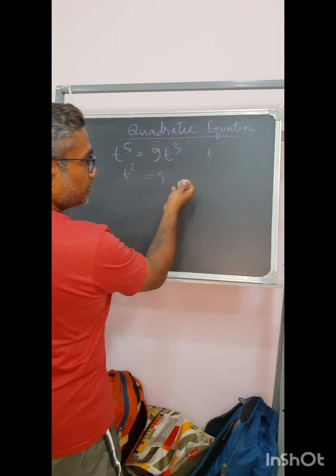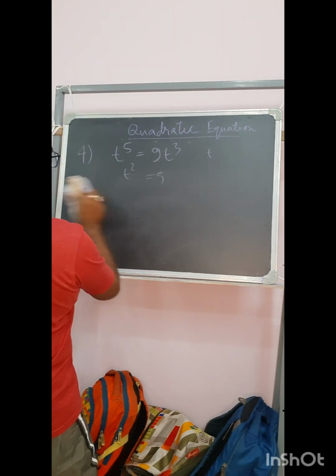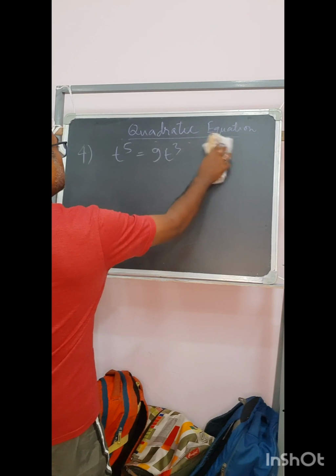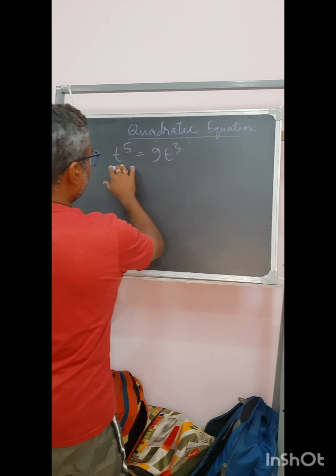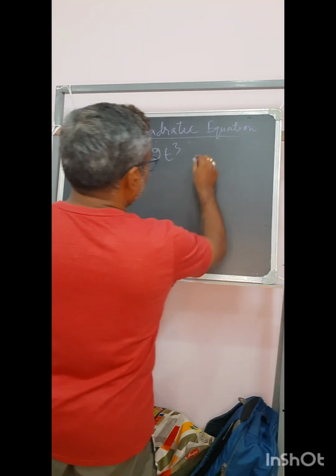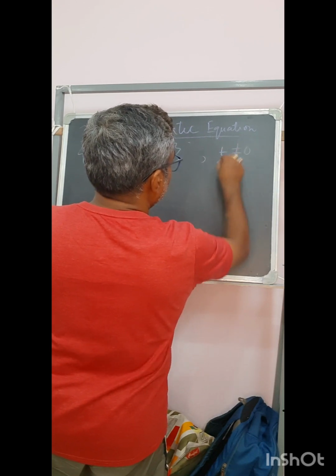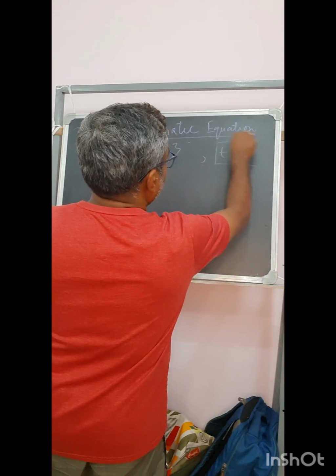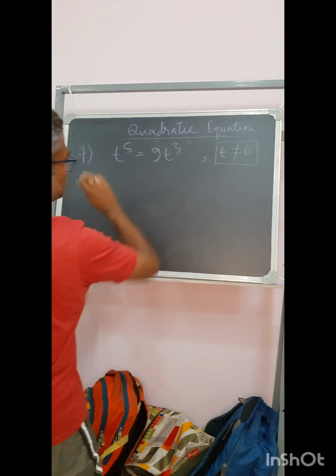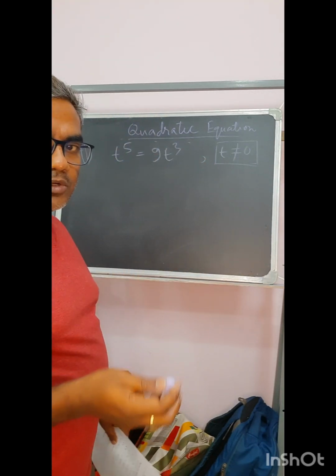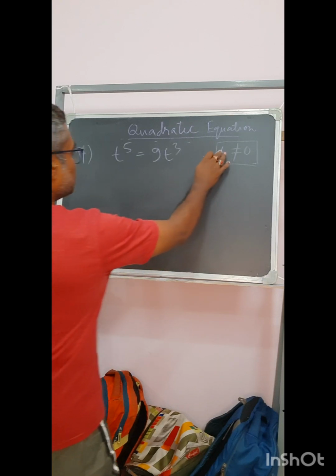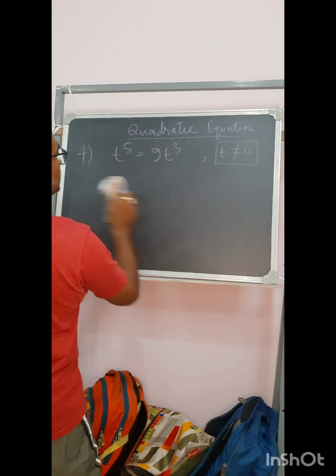Okay, now it will turn into a very easy solution. But wherever I cancel the equal term on both sides, the condition has to be that t must not be equal to 0. Then only you can cancel the term on both sides if it is of the same order.